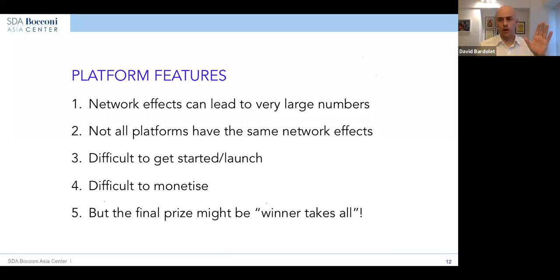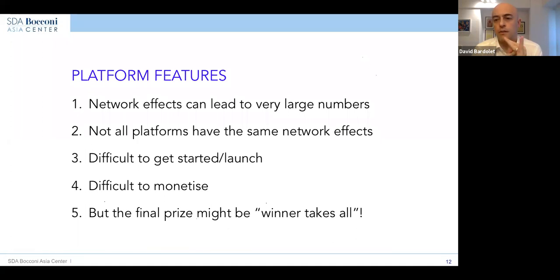Crucial concept to understand platforms and to value platforms. Network effects. Then we can talk about some difficulties to get started, to launch a platform, monetize a platform, etc. But the very first point is network effects.